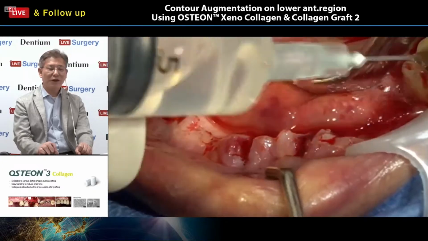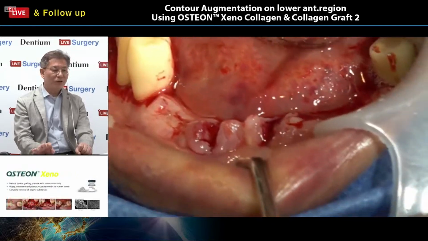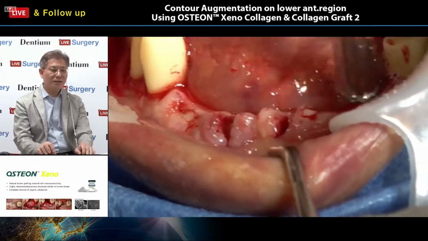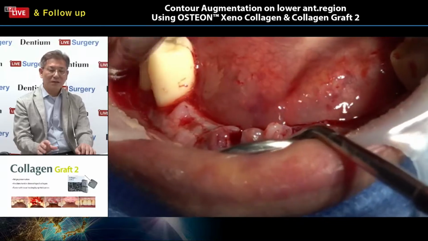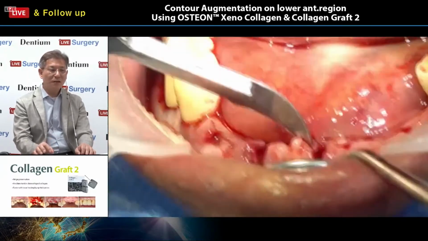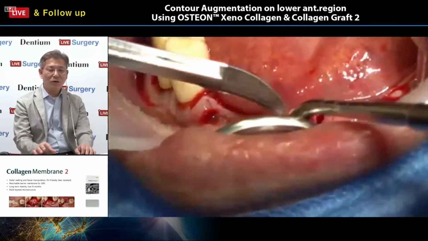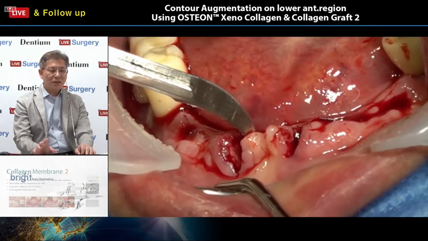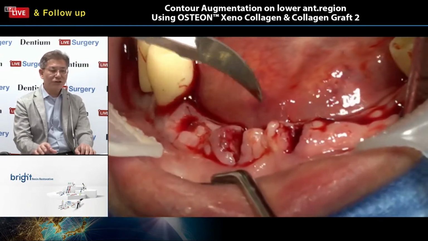So today's target areas are numbers 33, 41, and 44. Why were these target areas selected? Depending on the host bone quality and quantity, right? As I mentioned before, on the panoramic view, the number 33 and 34 areas are good for implantation.